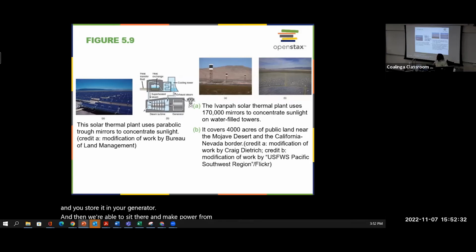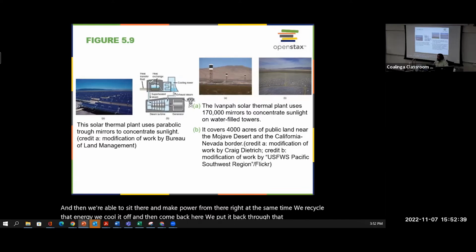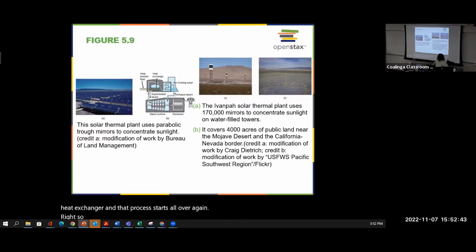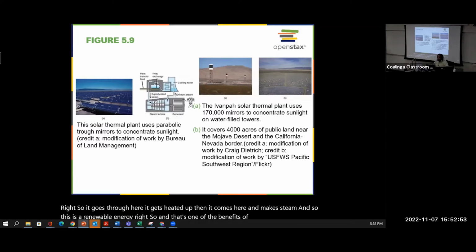At the same time, we recycle that energy, cool it off, and put it back through the heat, and the process starts again. So it goes through here, gets heated up, then makes steam. This is a renewable energy, and that's one of the benefits of using solar panels.